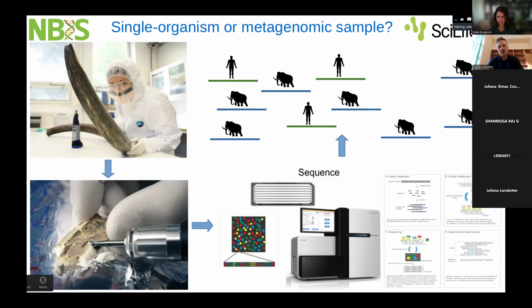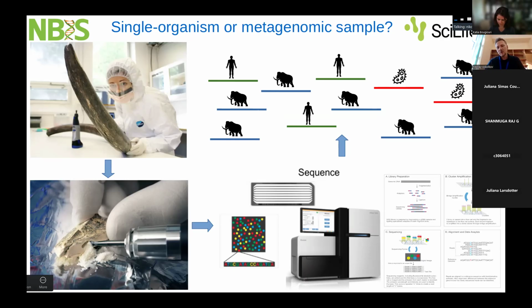So it makes sense to assume that there can be some human contamination. Some of the reads may very well originate from humans. And also, if you're a good analyst, you may suspect that there can be more than just two organisms, mammoth and human, but maybe there can be some bacteria or microbial DNA present. So it is not impossible to assume that there are more than just one organism present.